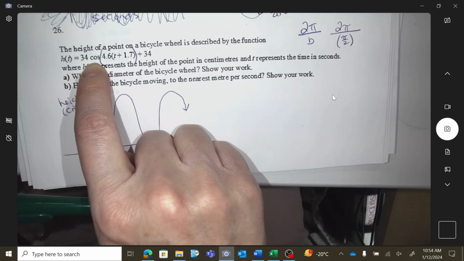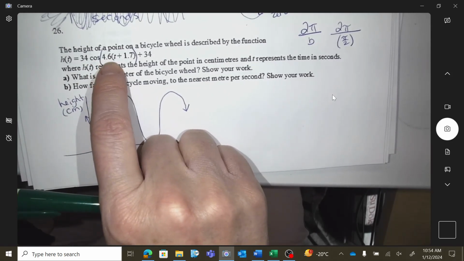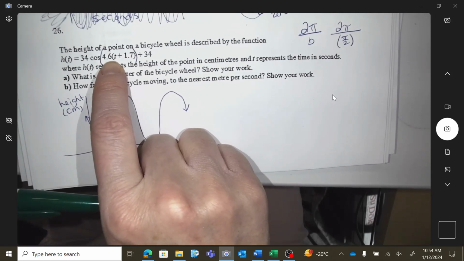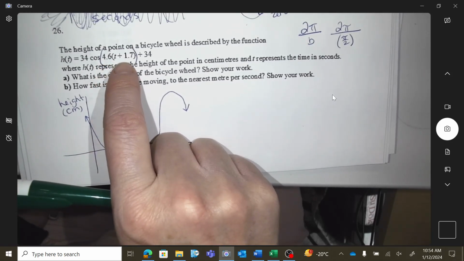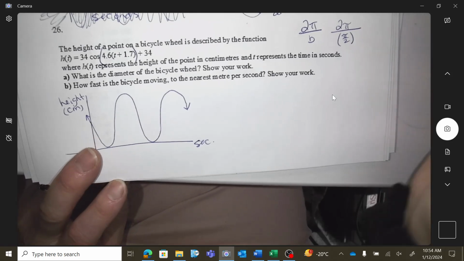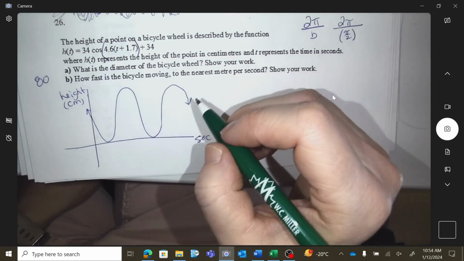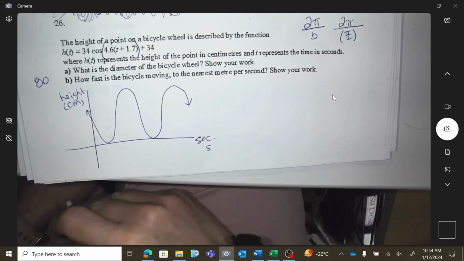Cos, and then it gave a bracket, and then you do a 4.6 bracket x plus 1.7 bracket bracket. I went up to 80. I went up to, yeah, 75 would work. And I went up to 5 seconds on that one.